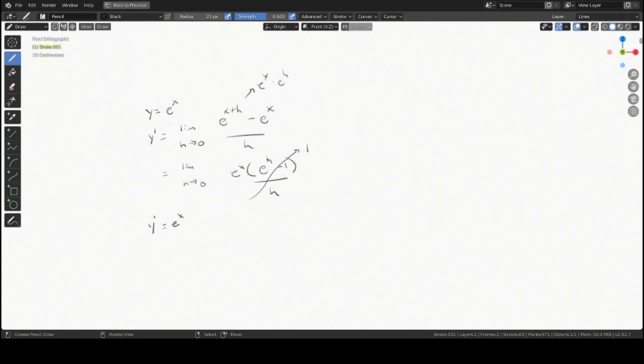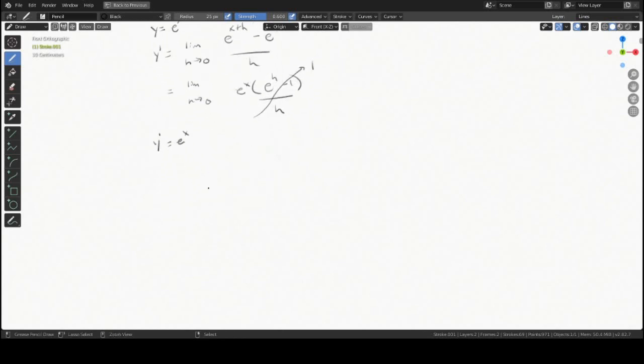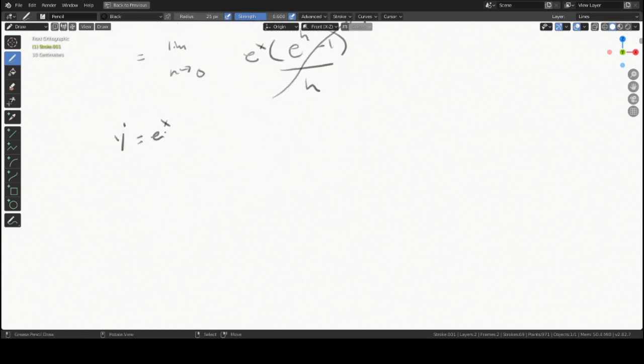Now, there is a general statement to be made here, and we'll put it this way: the derivative of e to the u is equal to e to the u times du over dx.